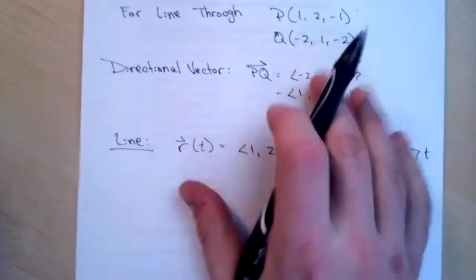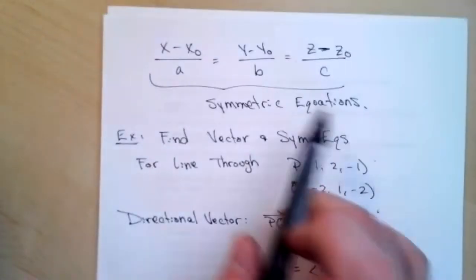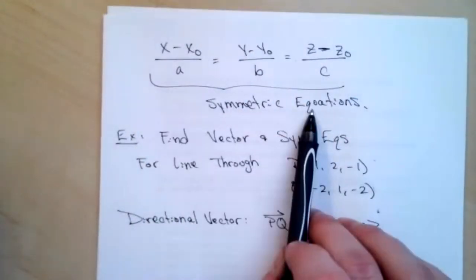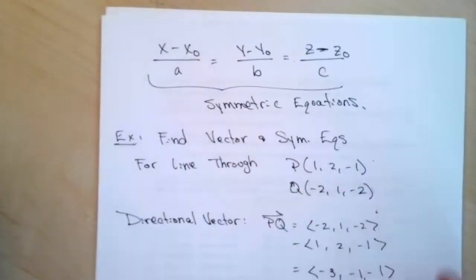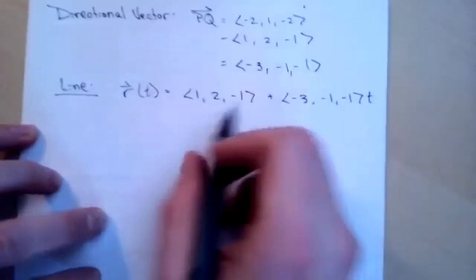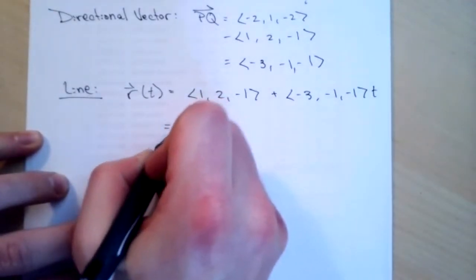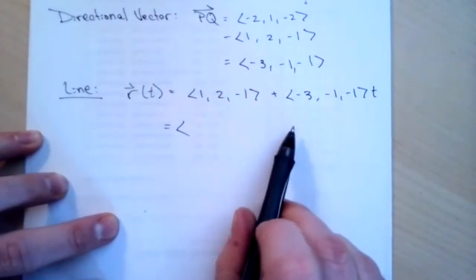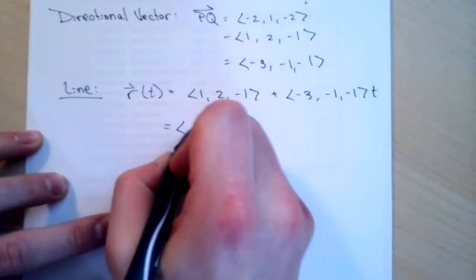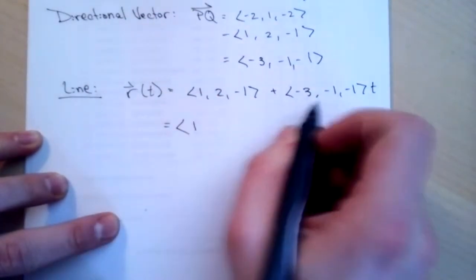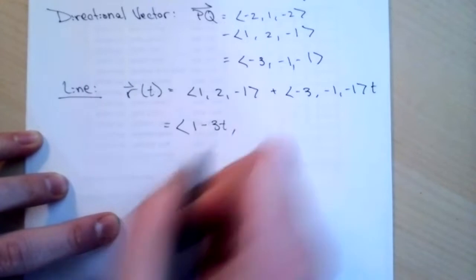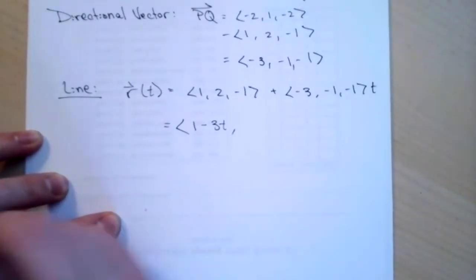From here, if you want, you can always use the formula to directly write the symmetric equations. If we want to move into our vector equations, we can always combine these and write them within each coordinate. So we have x starting at 1 minus 3t. So that's our x linear equation.